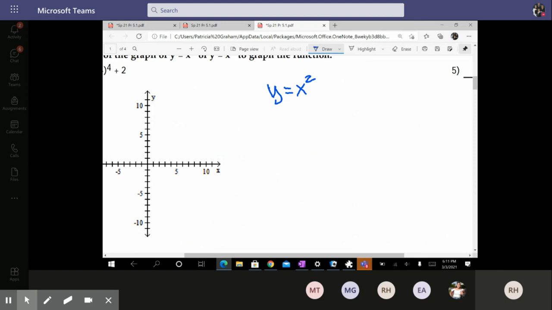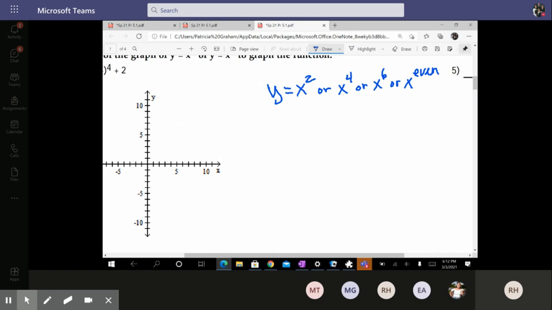Okay, or even for that matter, y equals x to the 4th, or x to the 6th, or x to any even number.